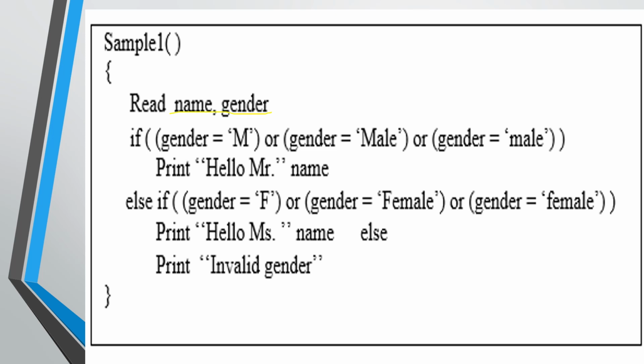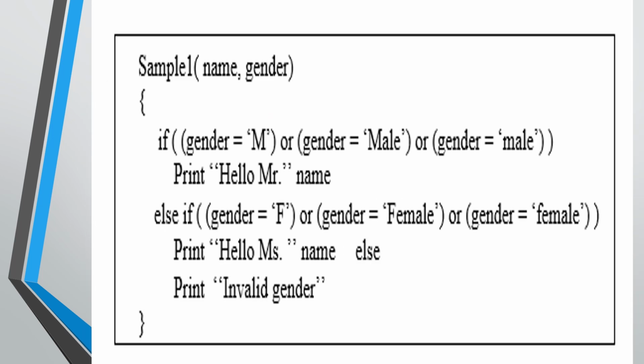So you could do that, and the rest are all the same. Or, possible, the name and the gender are part of the input parameter, nasa loob ng parentheses. If it is included in the parameter, no need to write read name, comma, gender. So, you could specify the input parameters inside the parentheses in your pseudocode name. The rest are still the same.